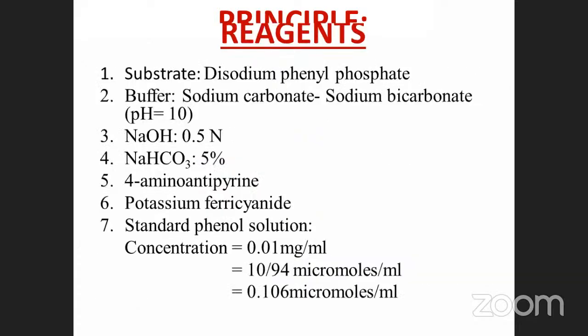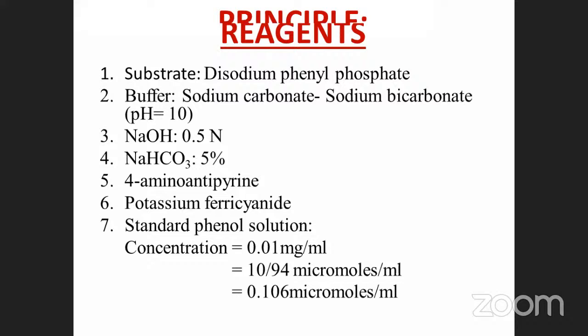Then this slide shows the reagents used for this estimation. These are the reagents or chemicals used for this estimation. First, substrate is used for the hydrolysis purpose: disodium phenyl phosphate. Second, alkaline buffer is used. You know the definition of buffer?